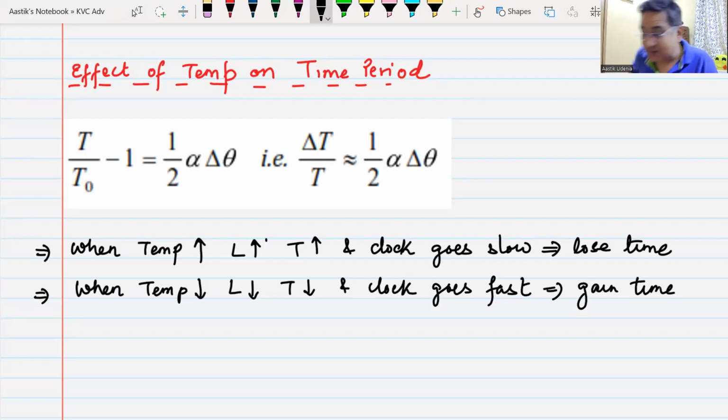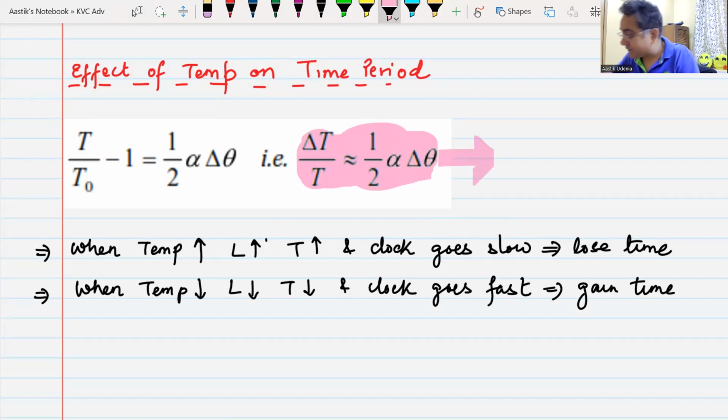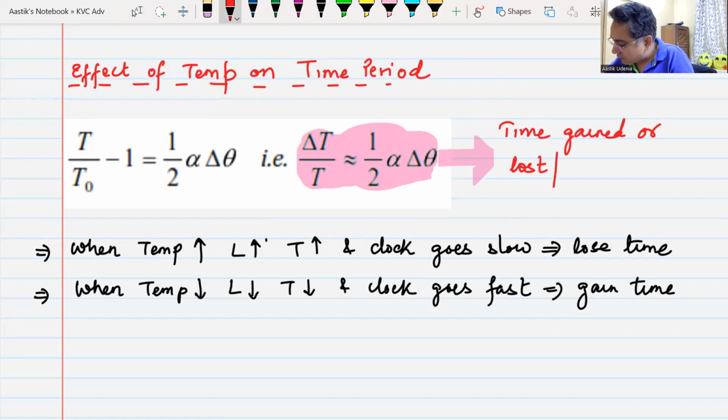How much time does it gain or lose? How much time that it gains or loses is given by half alpha delta theta. This is the time gained or lost per second. What is alpha here?